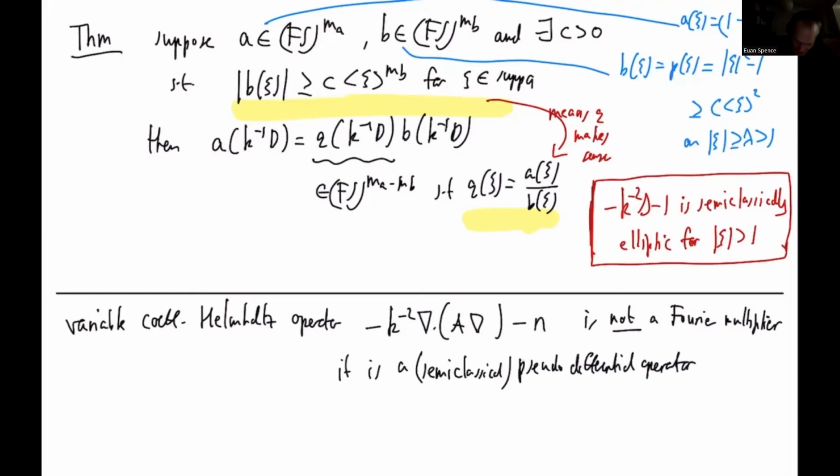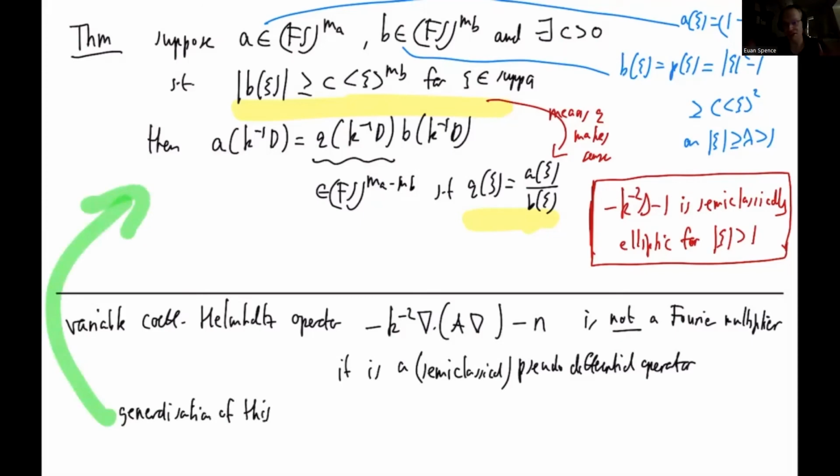And the generalization of this theorem from Fourier multipliers to pseudo-differential operators is what's called the elliptic parametrix.